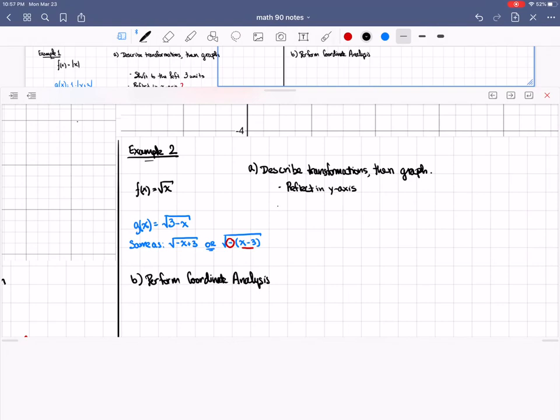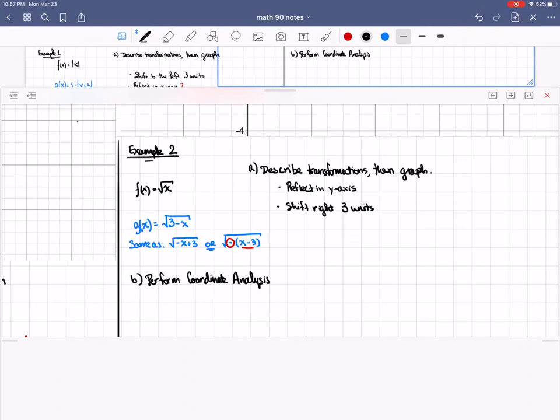And now look. This is where I think it's really handy to write it this last way, where it's negative quantity x minus 3. The x minus 3 is a shift to the right 3 units.